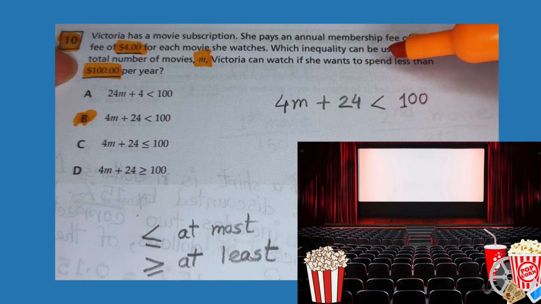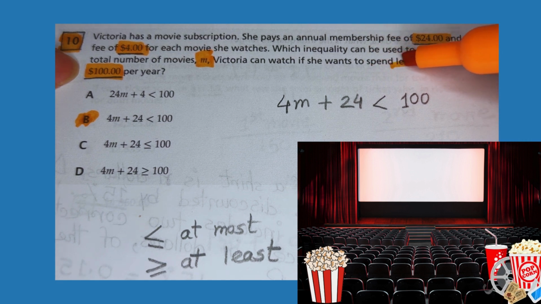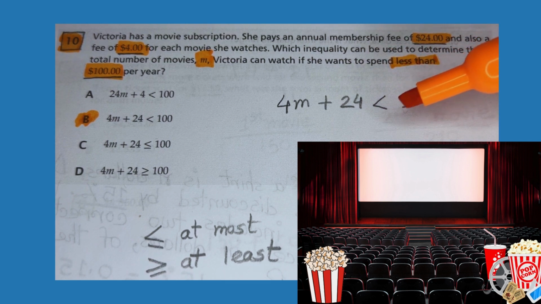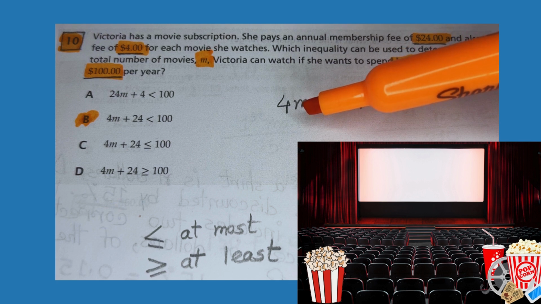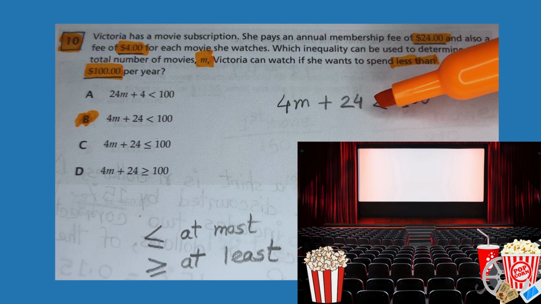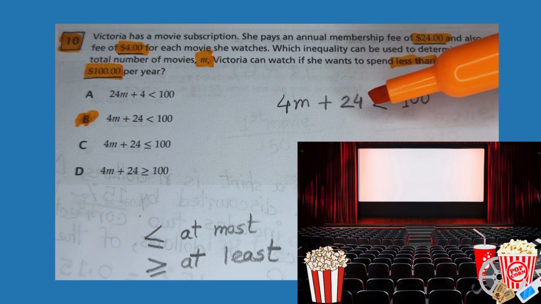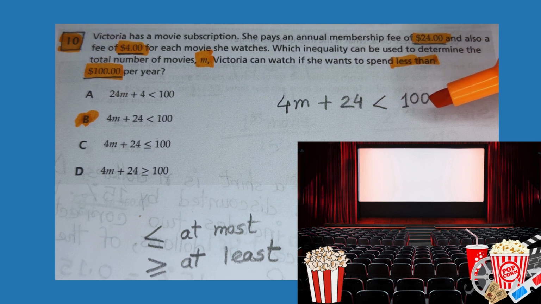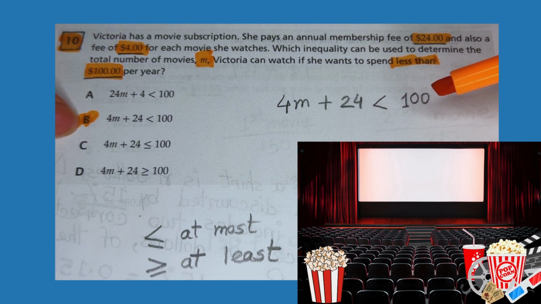With this type of question, you need to use the highlighter and analyze the question. We know $4 for each movie, so we multiply and add the annual membership fee together, and that is less than $100. So B will be the correct answer.